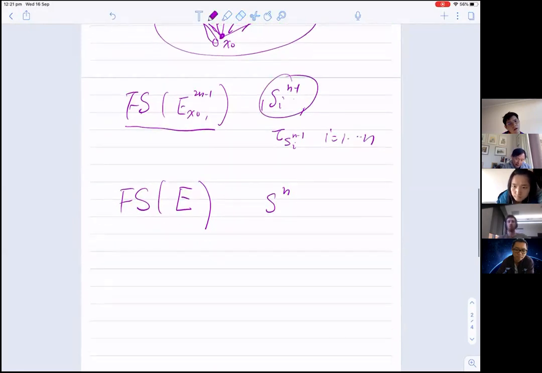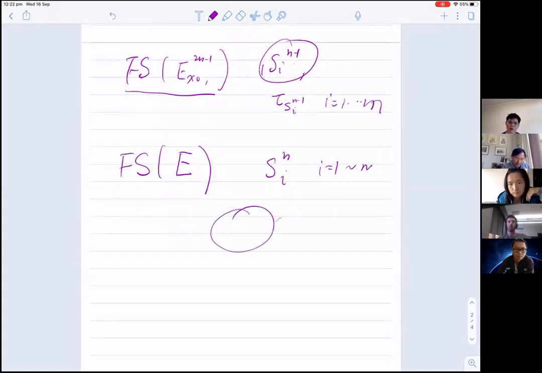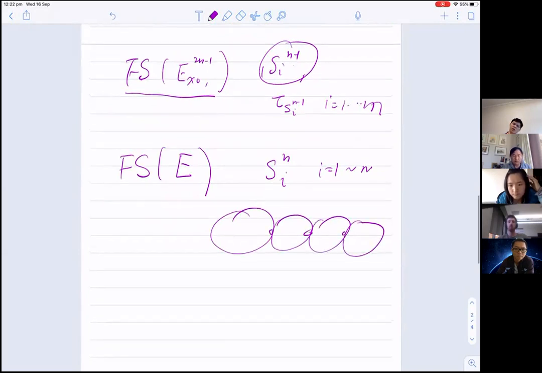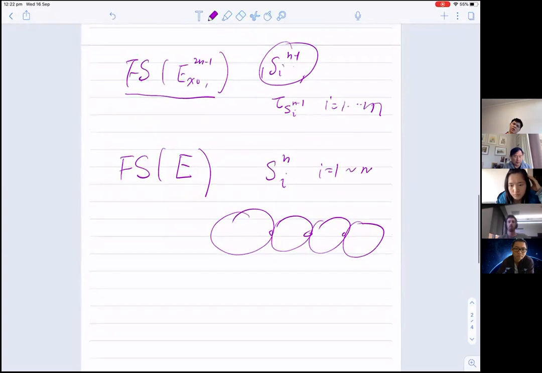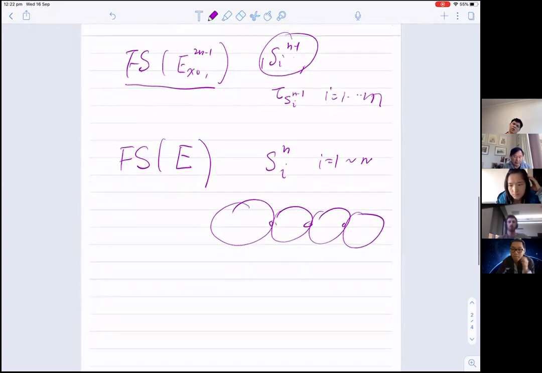So now the Lagrangian spheres are also labeled by 1 to m, but now they have a Lie configuration. Its intersection is only 1, right? Yeah, the intersection is only 1.